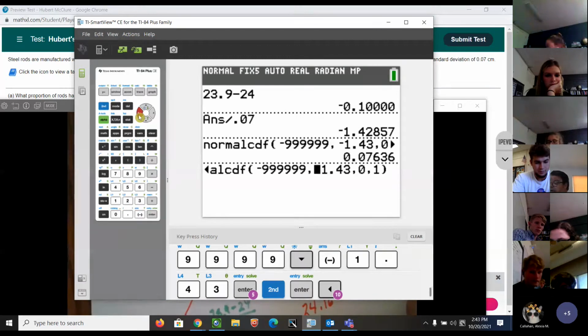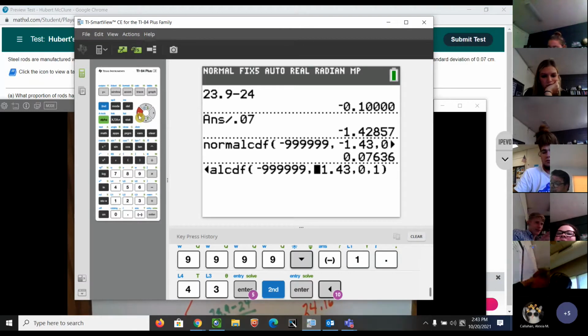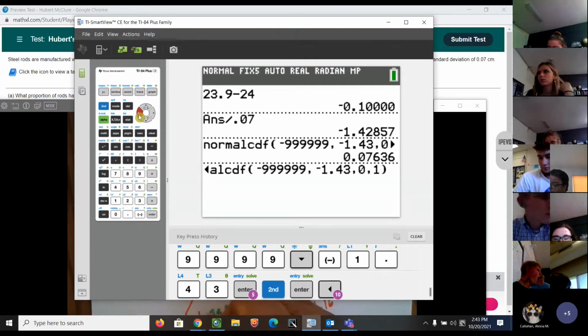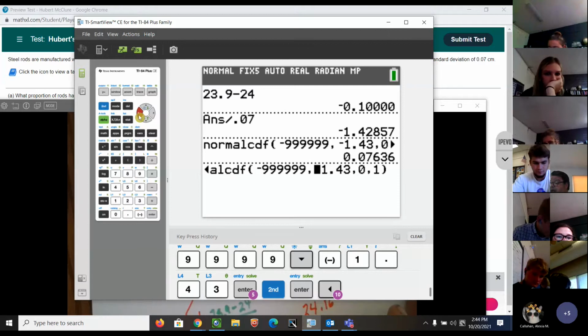If you've got a new calculator, you would type in 24 and 0.07 for the mean and standard deviation, and negative 9999 to 23.84, and that would give you this answer. So somebody give me the z-score, 23.84 minus 24 over 0.07, to 2 decimal places, please.